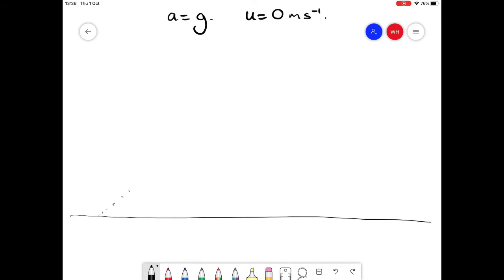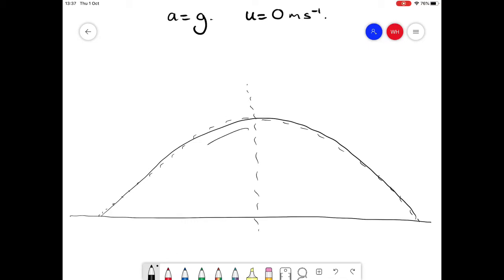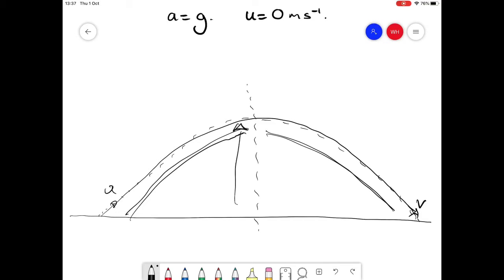In projectile motion, if we throw something up, then it takes a very distinct parabola shape. What we can identify from that is, if we find the peak, first off, it's symmetrical both ways. So whatever the u is here, it's the same v there. Whatever time it takes to go up, that's the time it takes to go down. However high it goes up is the same that it goes down.